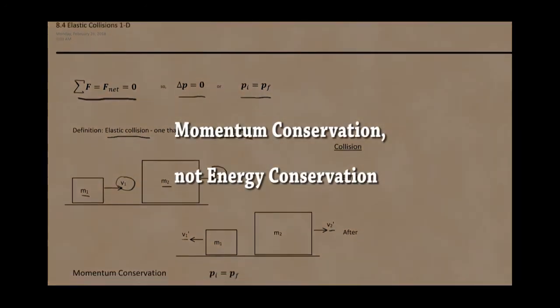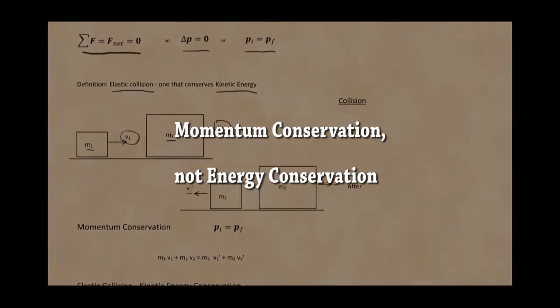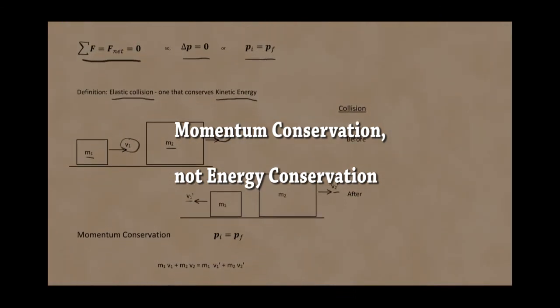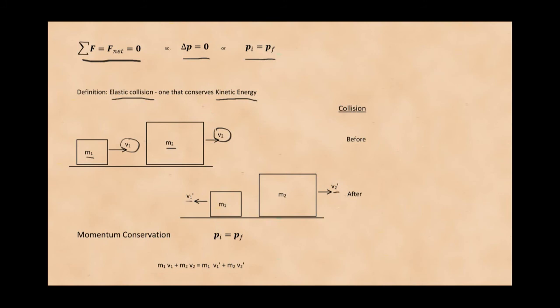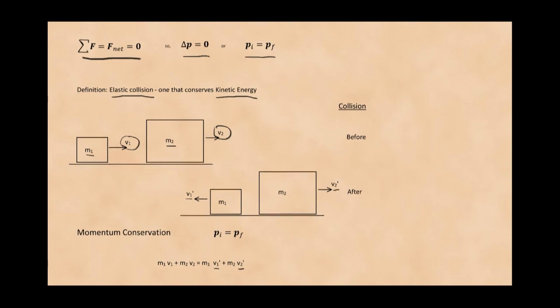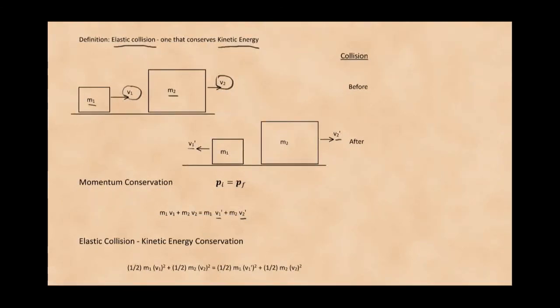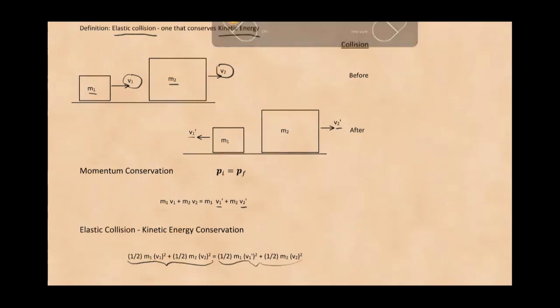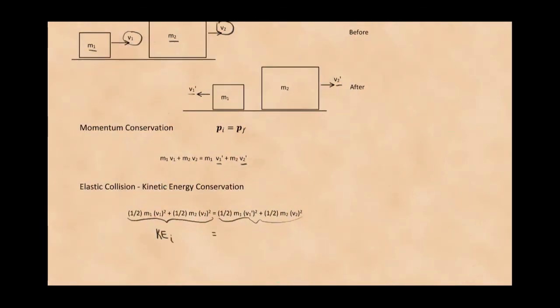Momentum conservation gives me one equation with two unknowns. But if it is an elastic collision, I have a second equation that I can use to solve for velocities. By knowing that it is an elastic collision, I know that the kinetic energy before the collision will equal the kinetic energy after the collision.